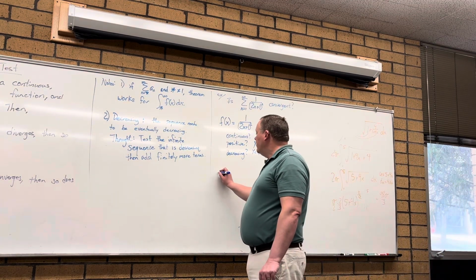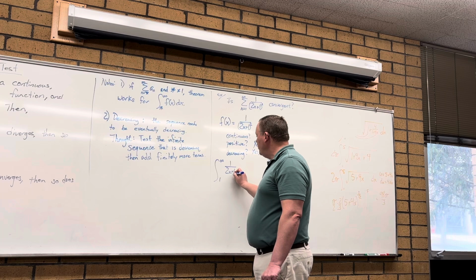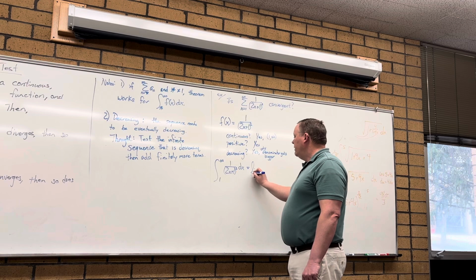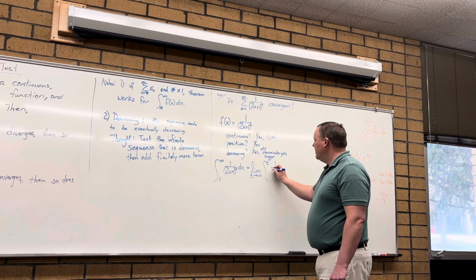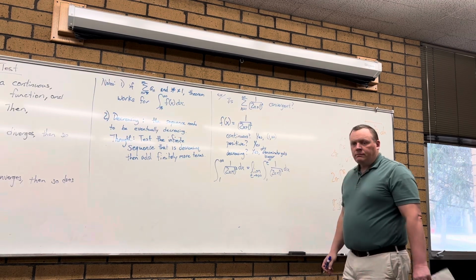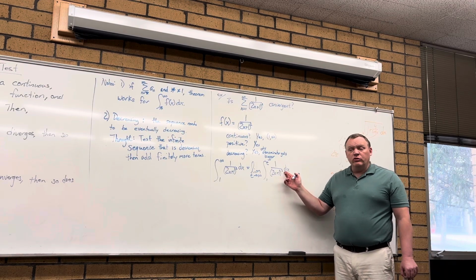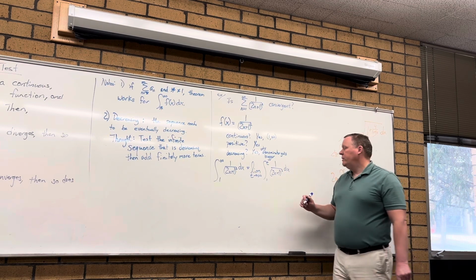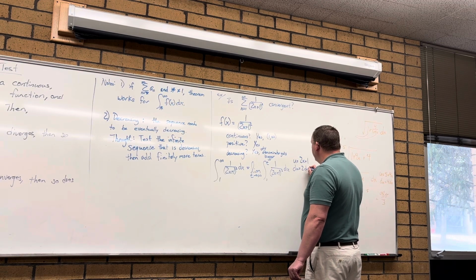Great, so now we look at the integral from 1 to infinity of 1 over 2x plus 1 squared dx. We have to decide if that converges or not. So we'll set up our limit to do an improper integral. I've got essentially a u to the negative 2 power.